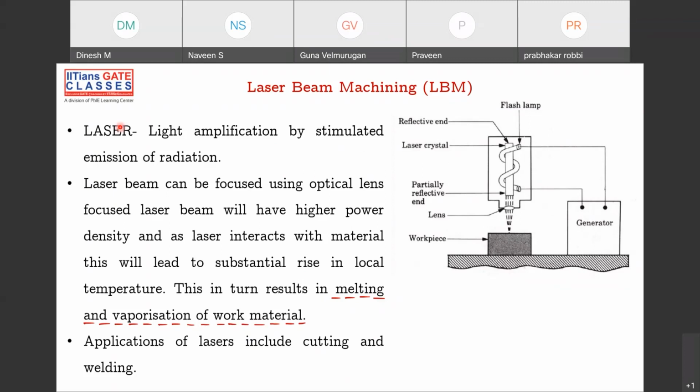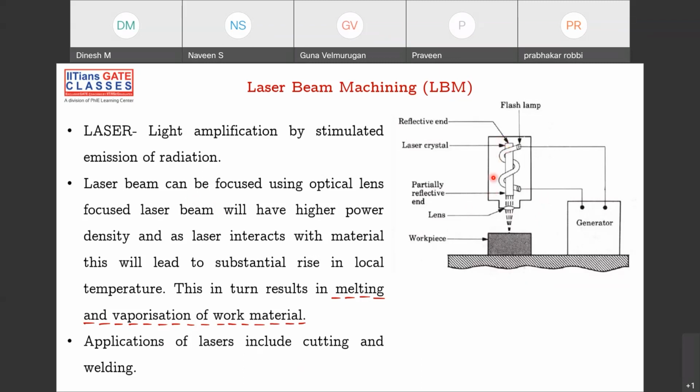Laser has changed many different fields. It can be used as a sensor, and in so many applications. Let's not go deep into how laser is generated. Let's assume that laser has been generated. That laser has so much energy.